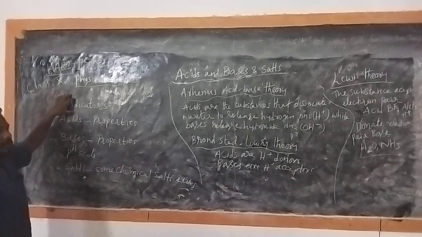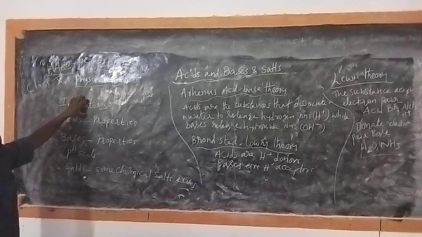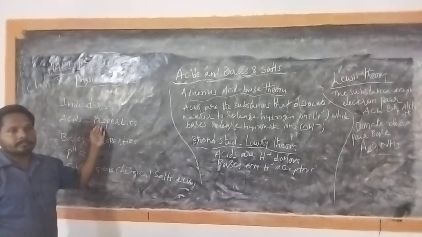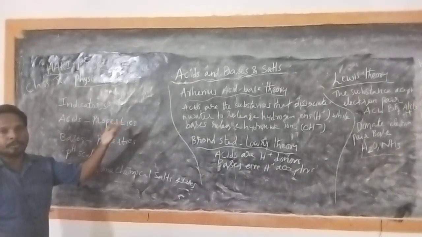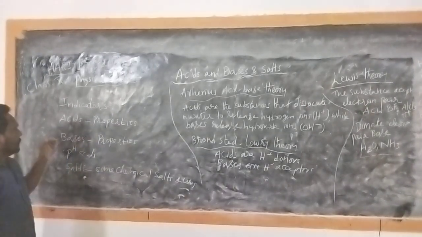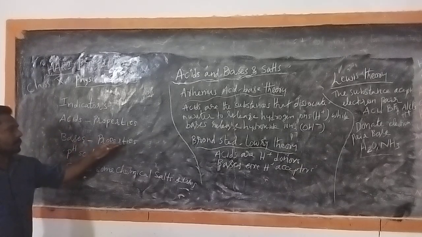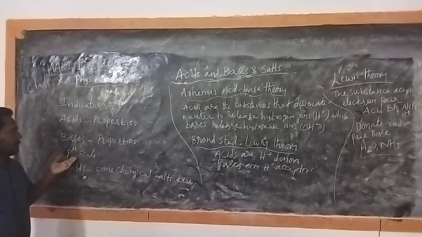The first topic we are going to discuss is indicators. Then acids: what are acids, which substances are considered acids, and their properties and uses. Next, bases: what are bases, which substances are called bases, and their properties. Then one of the very important topics in this chapter, the pH scale.